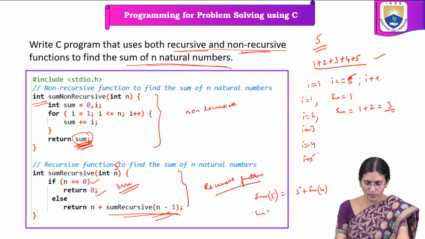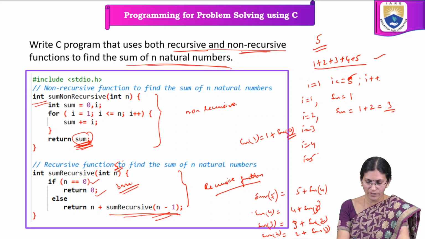Sum of 4 will be equal to 4 plus sum of 3. It will call this function itself. Sum of 3 is equal to 3 plus sum of 2, and sum of 2 will be equal to 2 plus sum of 1. Sum of 1 will be equal to 1 plus sum of 0. When n is equal to 0, it will return 0 only.